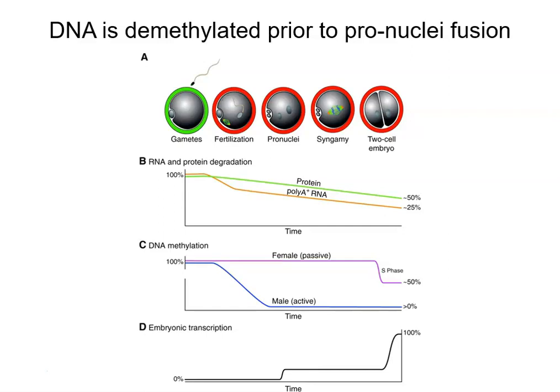When it undergoes cell division again, and you're up to the four-cell stage, it's 25%, and then down to 12%, and so on until it reaches a very low level of methylation at the 16-cell stage. Now what you can see is the transcription levels increase as DNA is unmethylated.